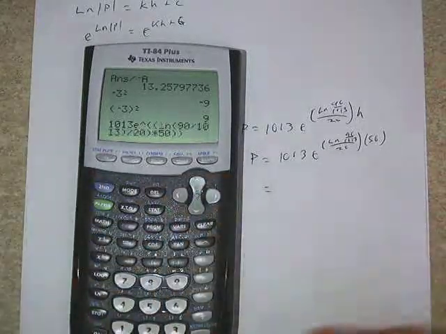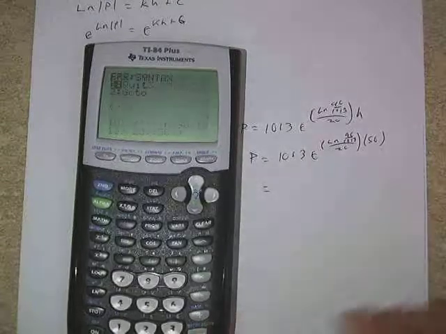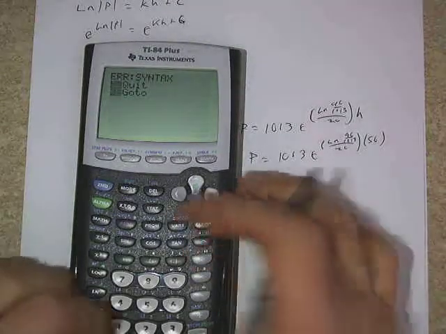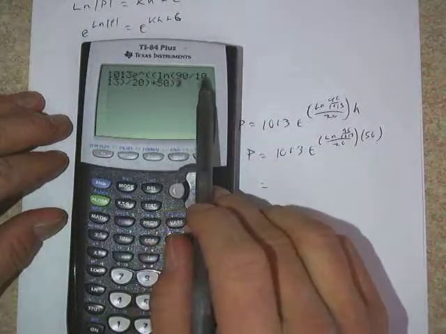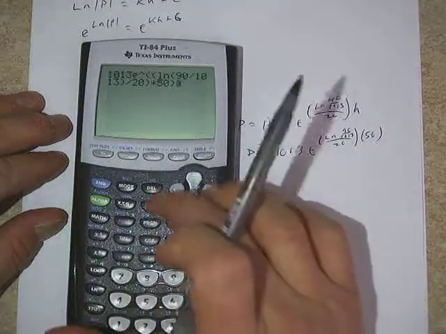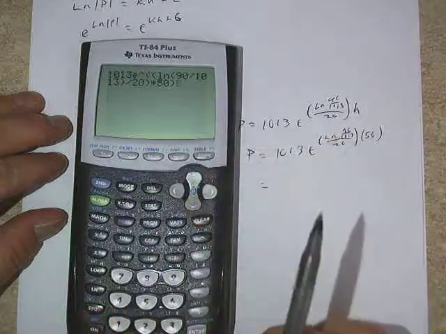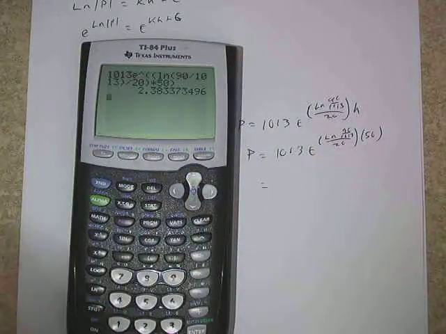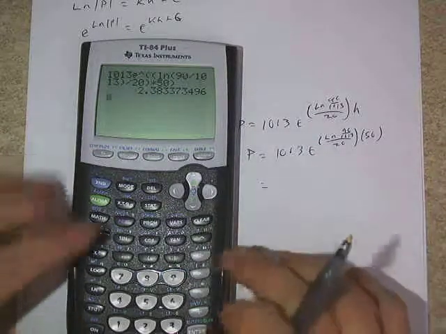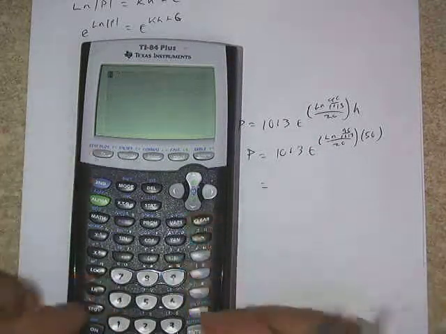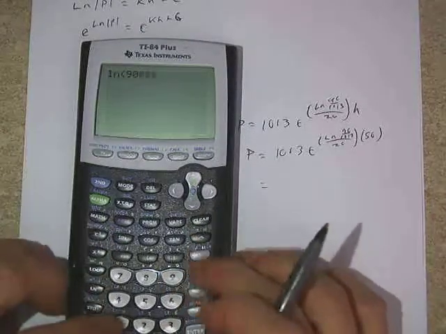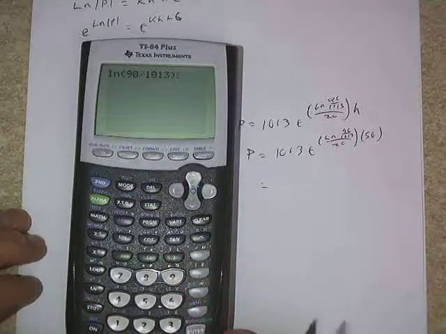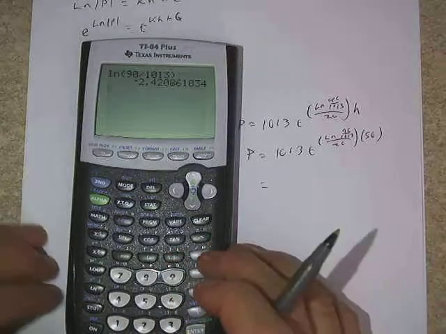I got my e argument right there. And actually, I'm going to multiply that by 50. I need one more parenthesis up here on this one. I think I got it typed in correctly. Let's find out. Nope, there's something wrong in the parentheses somewhere. Let's try that. Nope, that's not right either then.